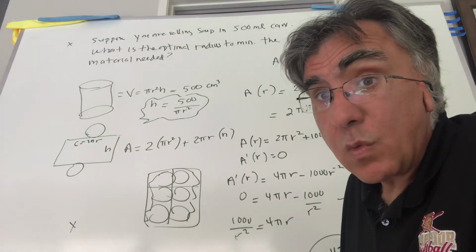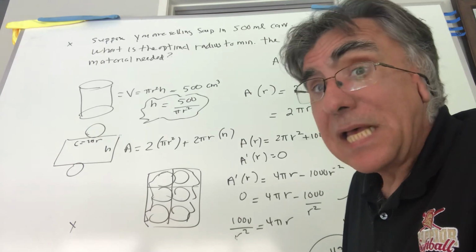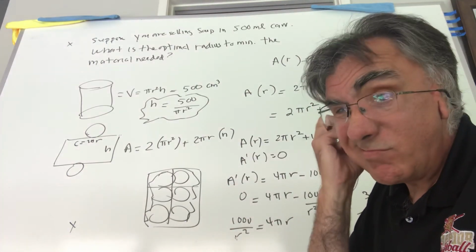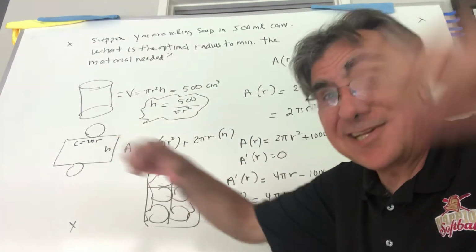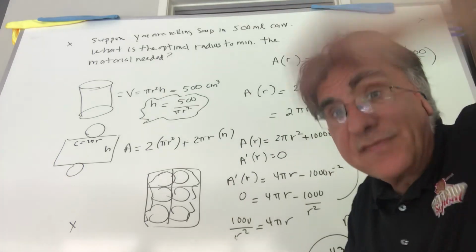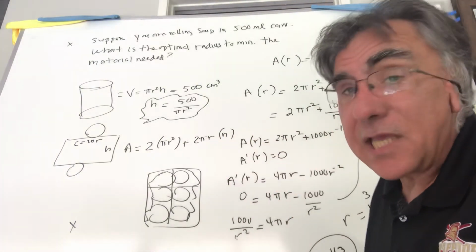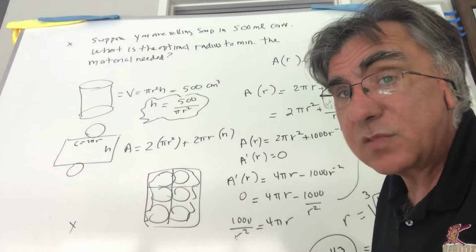Okay, so let that go. You don't have to check endpoints if you don't want. There's a specific reason for this one, because there is no endpoint, right? I can make the radius really big. I can make giant lids, right? Or I can make the height almost infinity. And there's a theorem that we're not going to get to that has a way of dealing with that. That's not just checking the endpoints, because what do you do if you have an open interval?